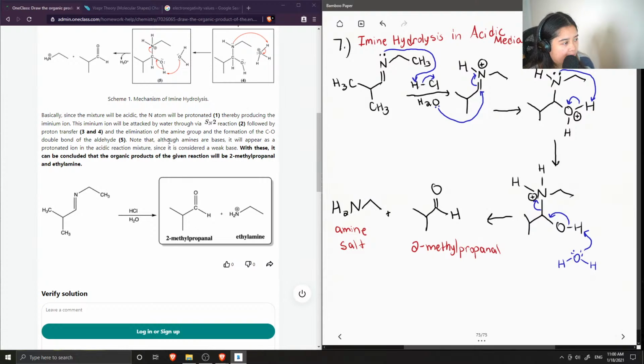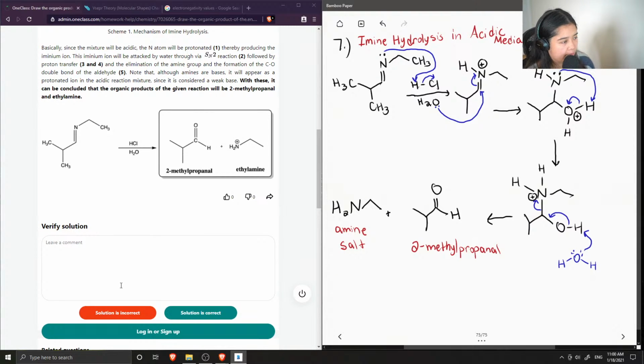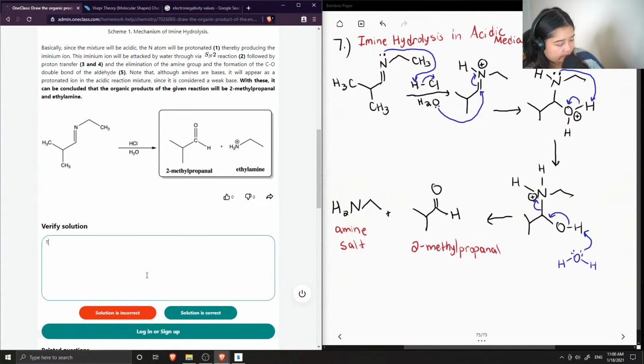And note that although amines are bases, it will appear as a protonated ion in the acidic reaction mixture since it's considered a weak base. And with these, it can be concluded that the organic products of the given reaction will be 2-methyl propanal and ethylamine. Okay, so this solution is correct.